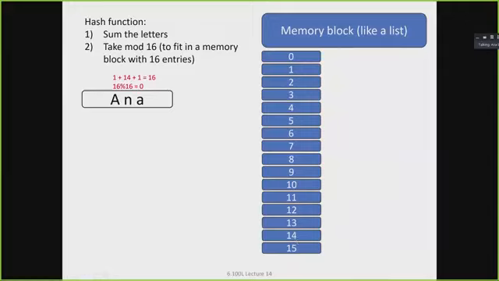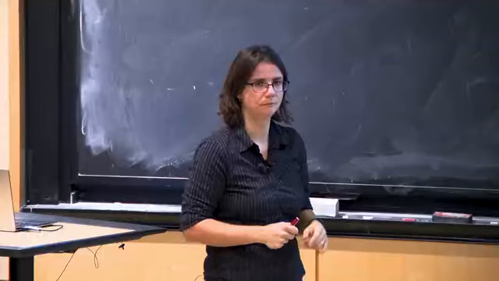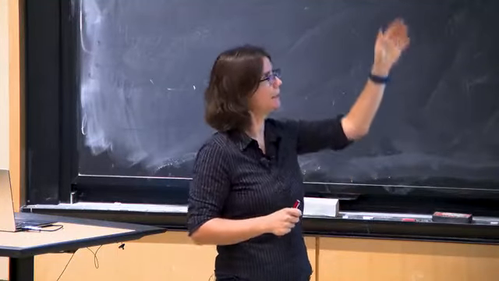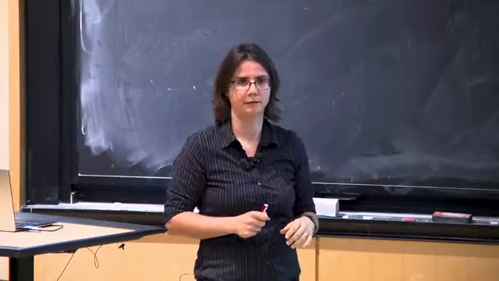If you take the remainder when you divide by 16, you'll either get 0 all the way up through 15. So if I mod my name, that means I'm going to store my grade at memory location 0. So far, so good? So I made up this hash function that tells me where to put my grade.